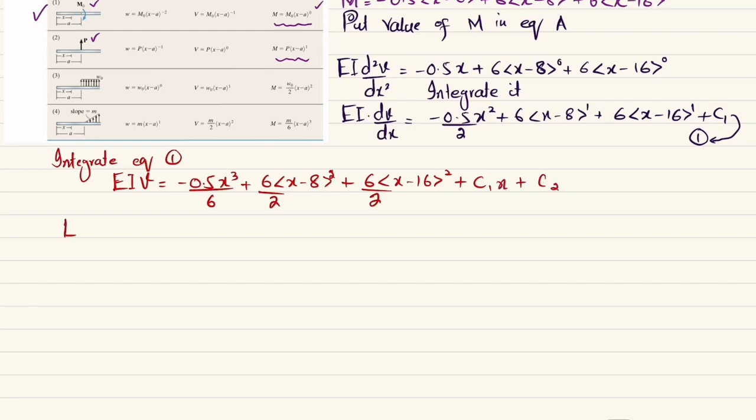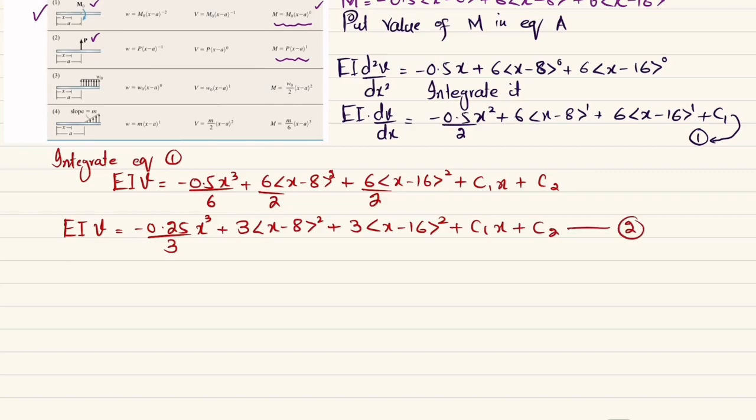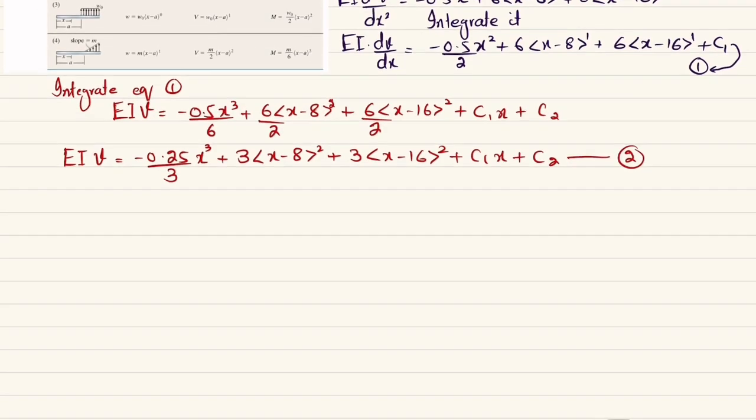If you further simplify it, you will get EI into V is equal to minus, we can also write it as 0.25 divided by 3, if you divide both numerator and denominator by 2, so you will get this, plus 3 into x minus 8 squared plus 3 into x minus 16 squared plus C1x plus C2. Let this be your equation number 2. Now C1 and C2 are unknown constants of integration, so by using boundary conditions, we will find C1 and C2.